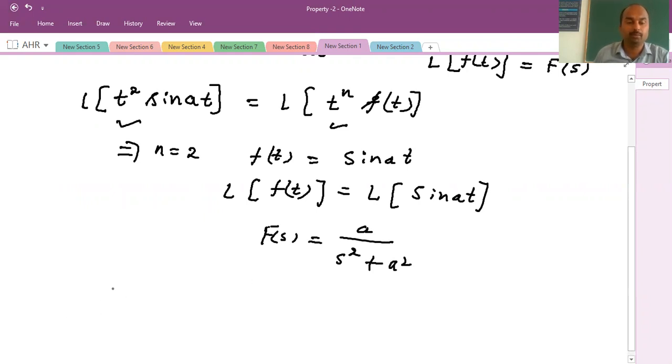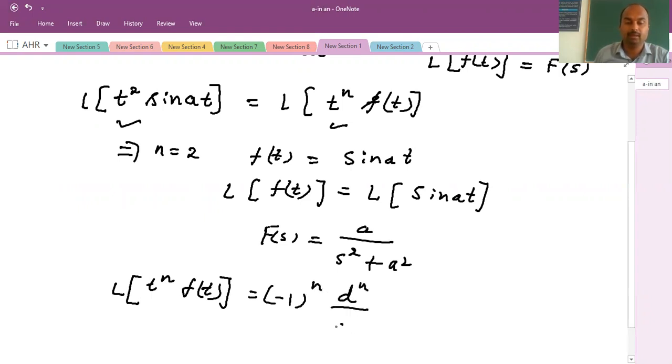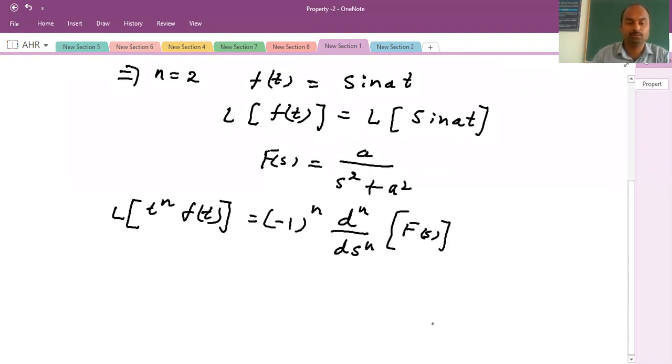Now if you apply the property, first we will write the property. Laplace transform of t to the power of n, f of t is equal to minus 1 to the power of n d to the power of n by ds to the power of n of f of s. So in this example, n is 2.